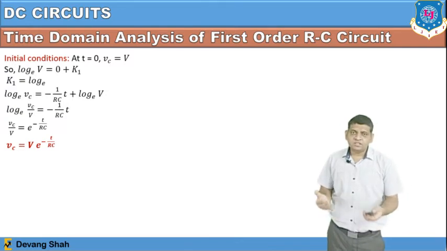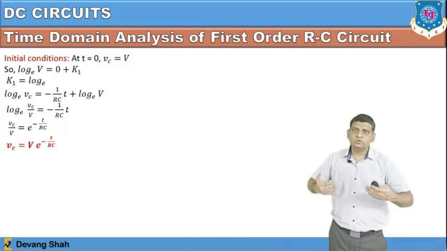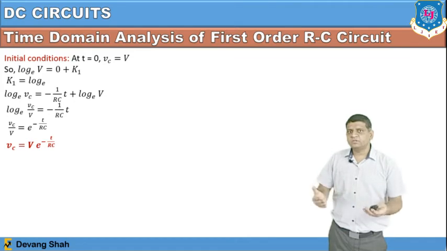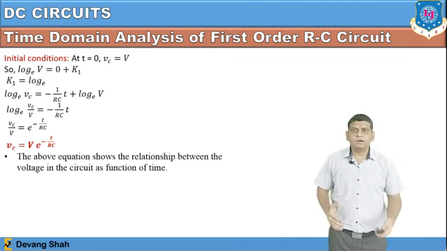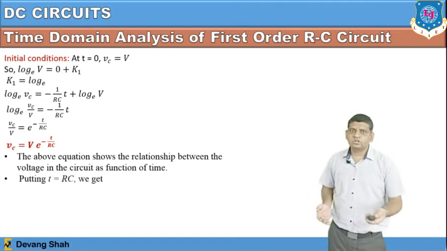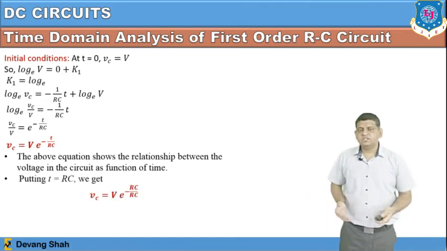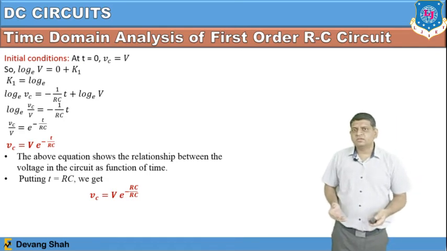In this way you can derive the voltage across the capacitor when the capacitor is discharging. Now if I take t equal to RC, the time constant, then Vc is equal to V into e raised to minus RC by RC.